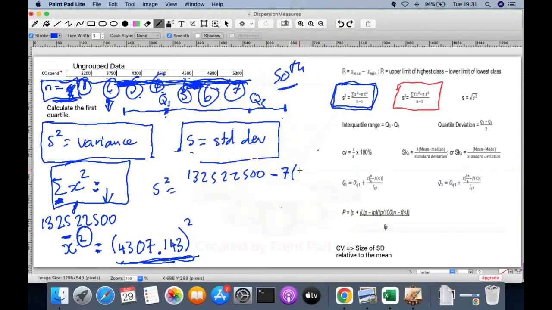So I'm going to write it: 4307.143 all squared, and then I divide by n minus 1, which is 7 minus 1. Now if you punch it into your calculator, you get a value of this here. Give me a second.